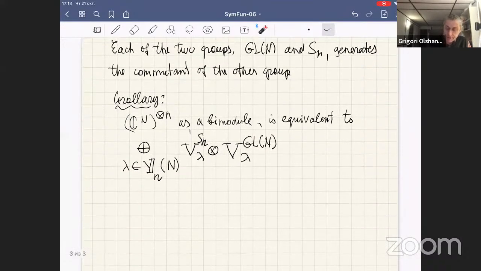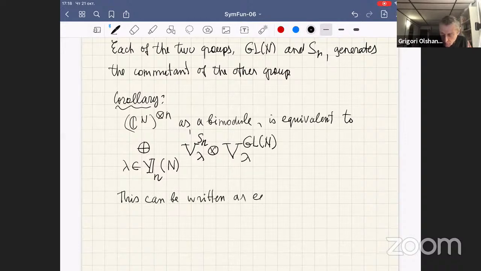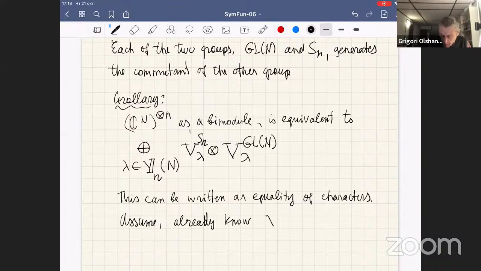And next, one can write the same decomposition as an equality of characters. Here I assume that we already know that the character of GLN with index lambda is the following object, the Schur function, the Schur polynomial in n variables.